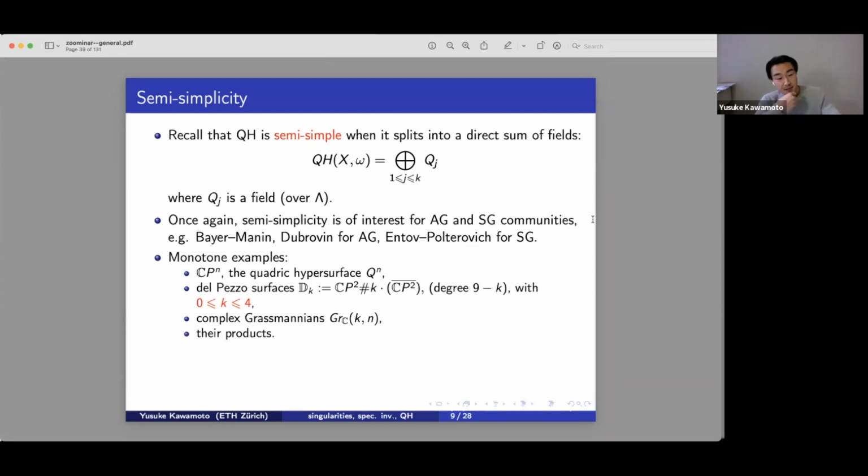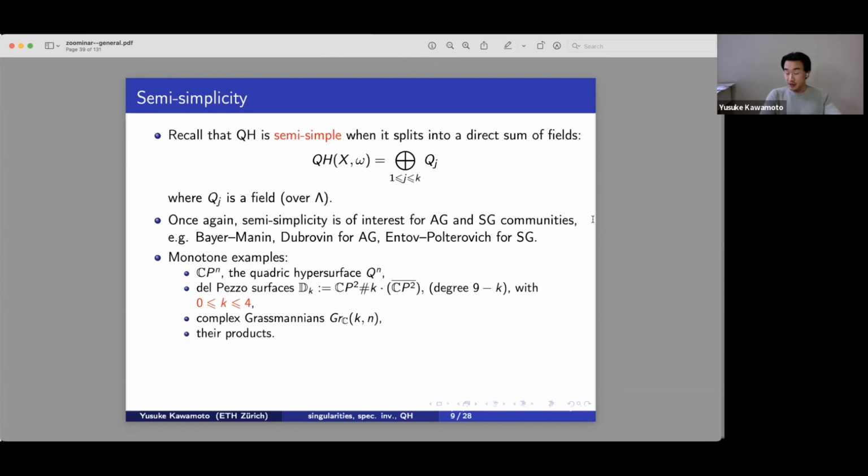I'll give you some examples where you have this nice structure. If you're interested in monotone symplectic manifolds, the examples include complex projective space CP^n, the quadric hypersurface, and del Pezzo surfaces, which I'm going to denote by D_k, where k is the number of points being blown up.